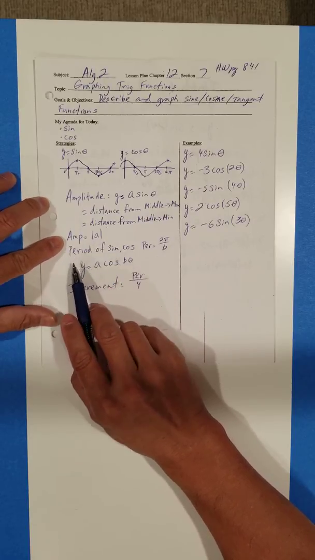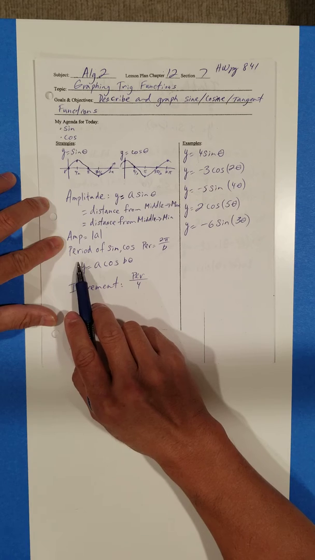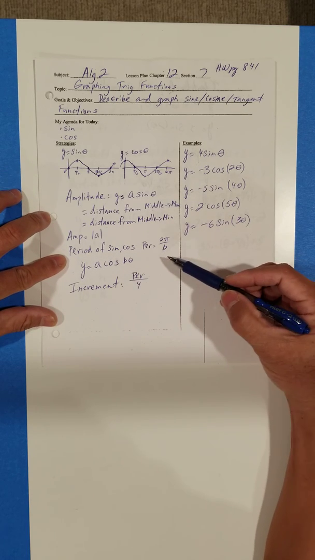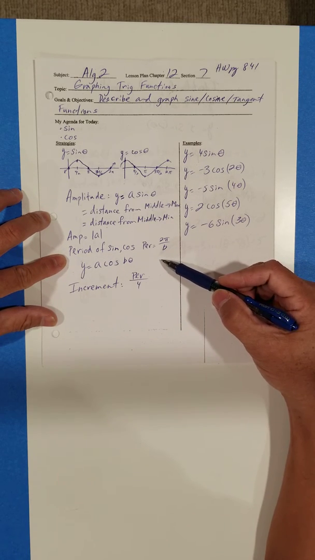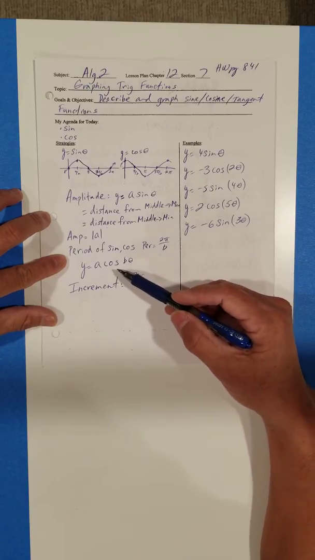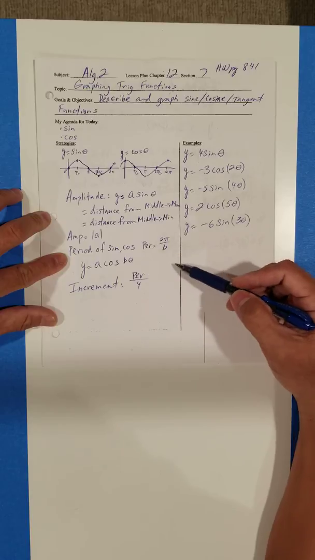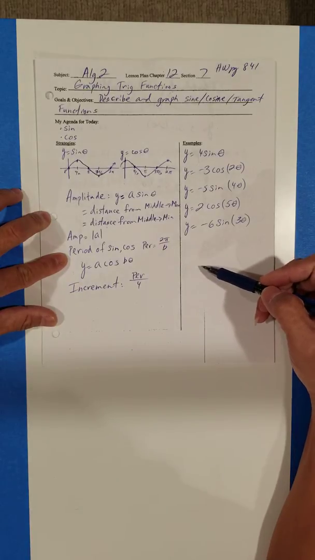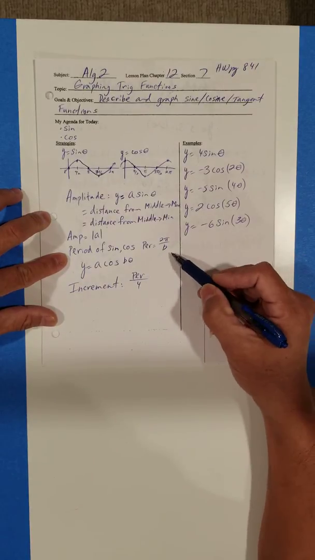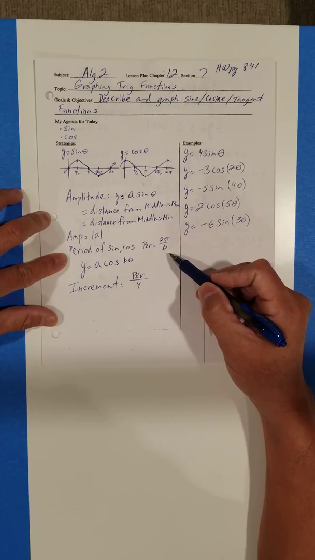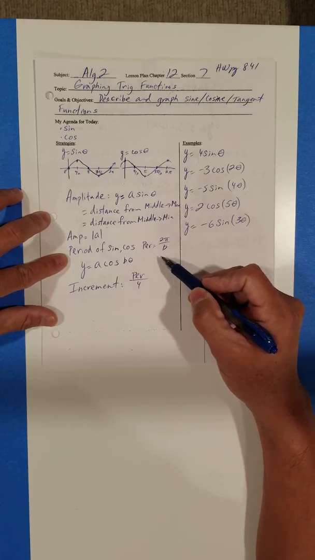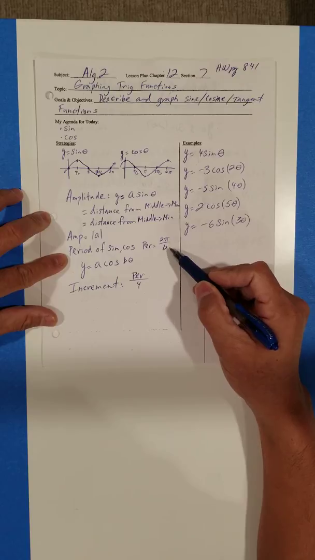Okay, and so the period is like a time frame. How long does it take for this wave function to complete, whether it's sine or cosine? How long does it take for the wave to complete and start repeating itself? Period is always found by taking the equation 2 pi over b.